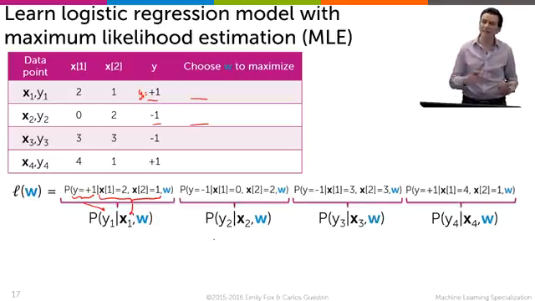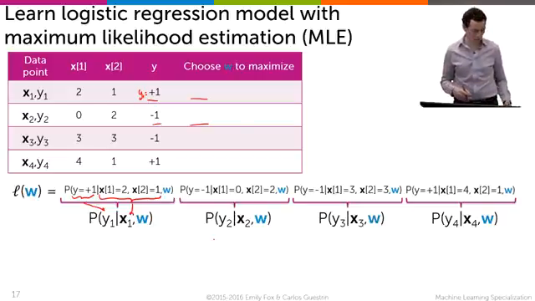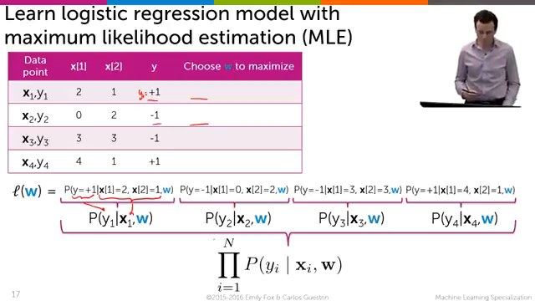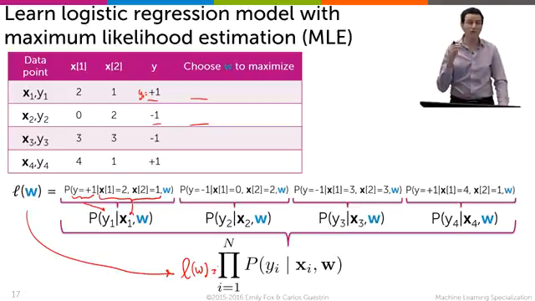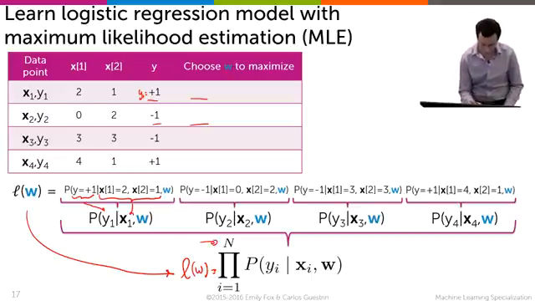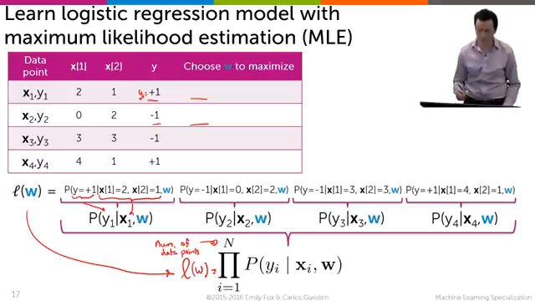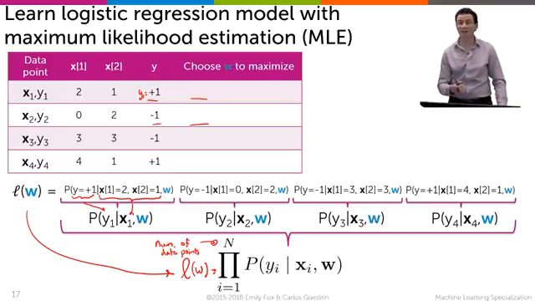And finally, so that the line doesn't get really long, because if we have a million training examples there'll be a million of these entries, we use the product notation. So here, L of w is equal to the product that ranges from the first data point to n, the number of data points, of the probability of whatever label yi has, +1 or -1, given the input xi, which is the sentence of that review, and the parameters w.